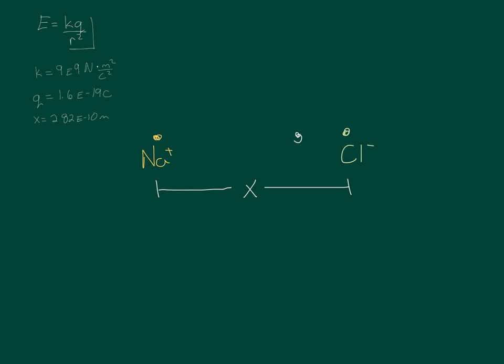So at this spot, this distance is 3/4 of x, and this distance is 1/4 of x. So now this is going to be r for Na, and this will be r for the chlorine.